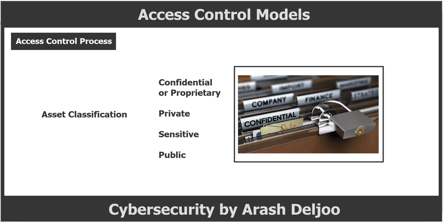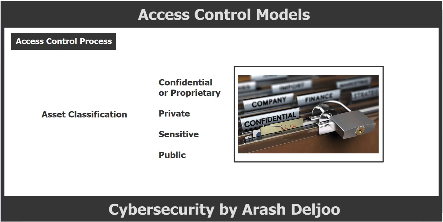About the private, it means unauthorized access to private information could cause severe damage to the organization. Examples of information or assets that could receive this type of classification are human resource information, for example, employee salaries, medical records, and so on. About the sensitive classification, it means unauthorized access to sensitive information could cause some damage to the organization.